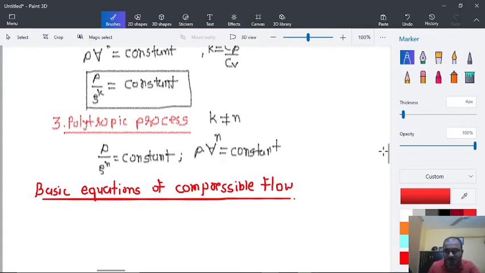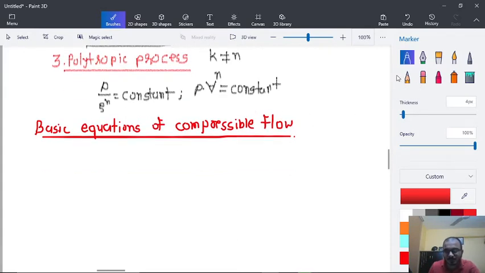So let's begin first. The first one is the continuity equation.